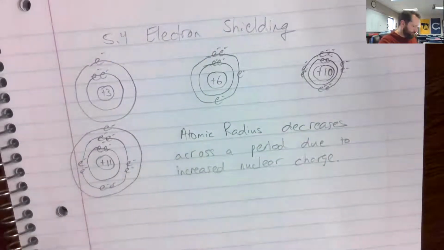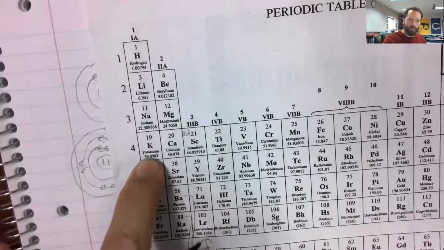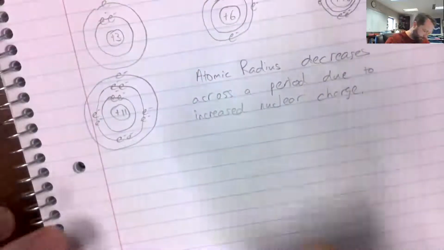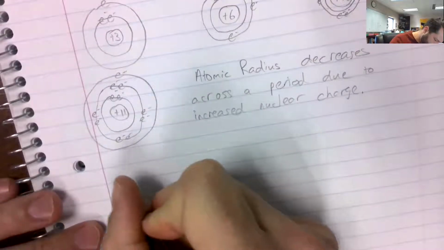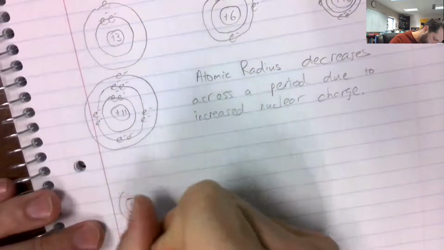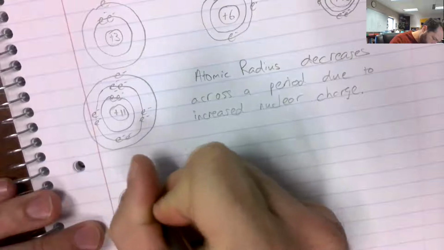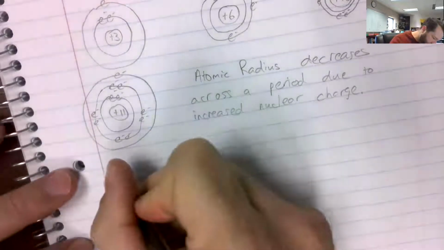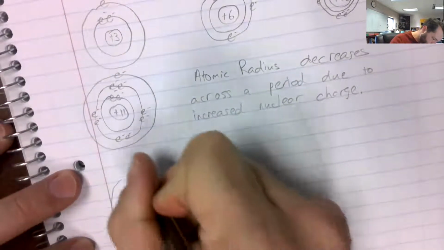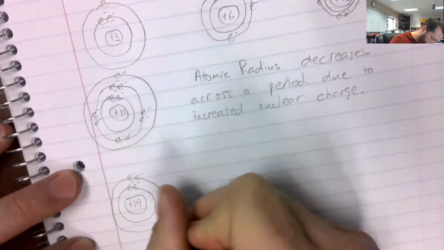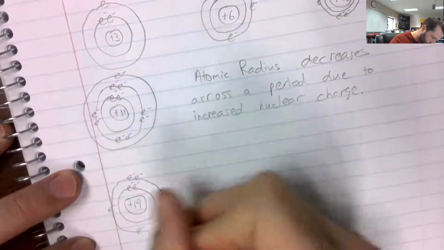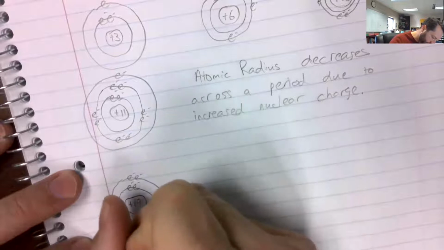Now below him, we're going to do potassium, number 19. So +19 in the middle. Two electrons on the first energy level. Eight more on the second energy level.